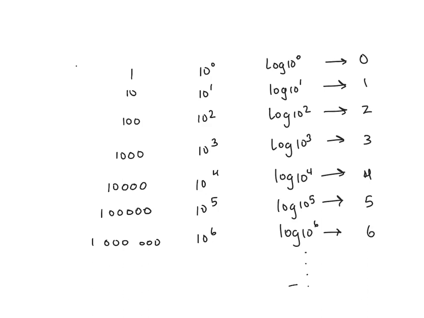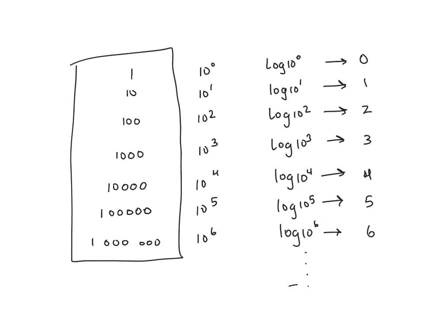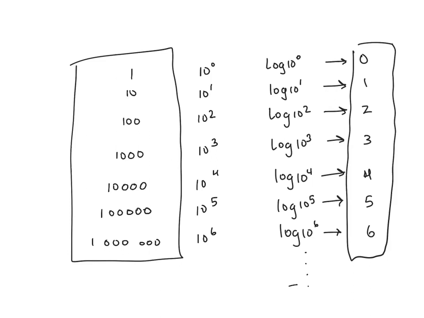So what started as a large span of numbers from 1 to 1 million, when we put it in terms of a logarithm, gave us a much smaller span of numbers from 0 to 6. And that's essentially what the pH scale or the Richter scale or the decibel scale does. It takes a set of numbers with a very, very large span, we take logarithms, and it produces a set of numbers with a much smaller span.